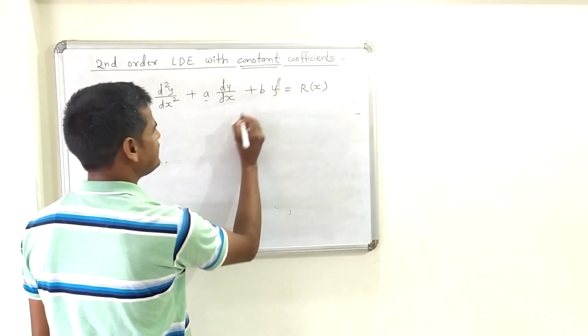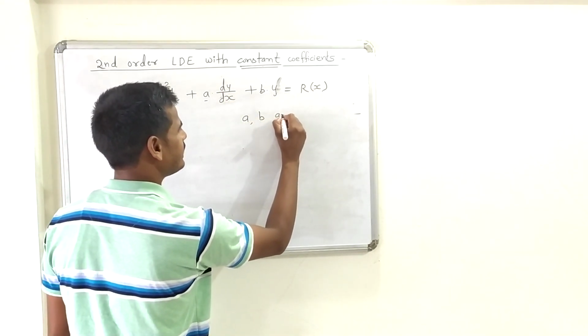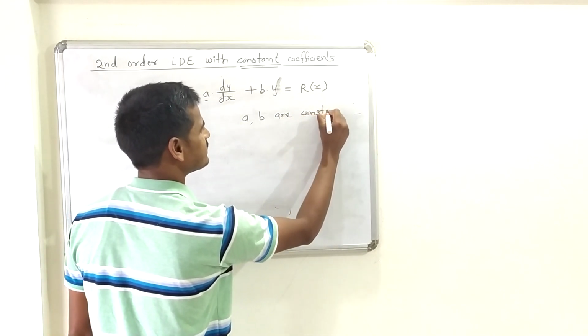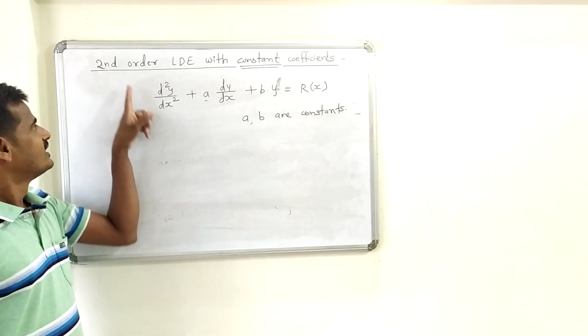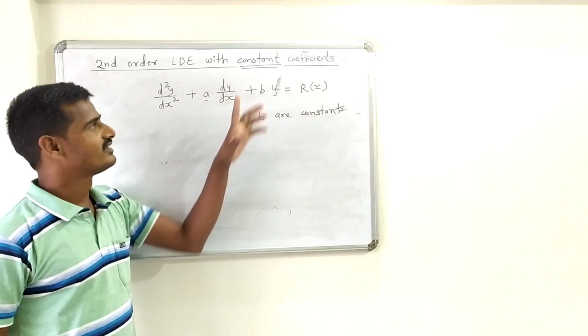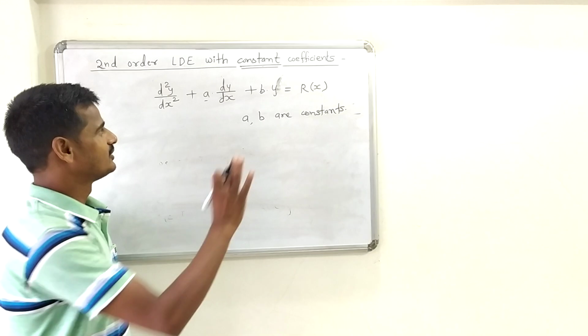Here a and b are constants. So this is the standard form of second order linear differential equation with constant coefficients.